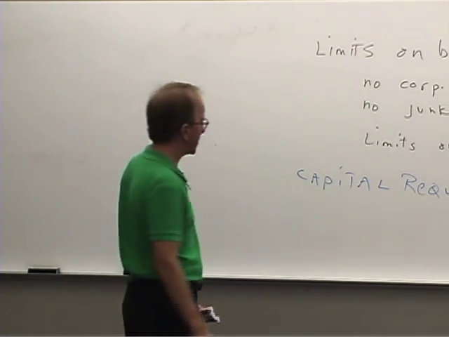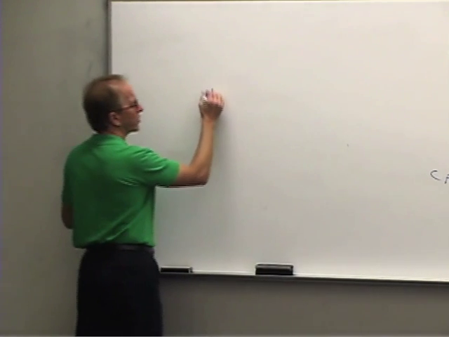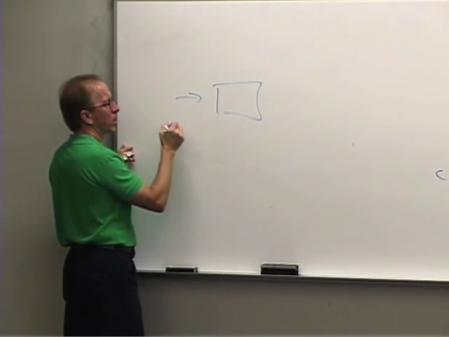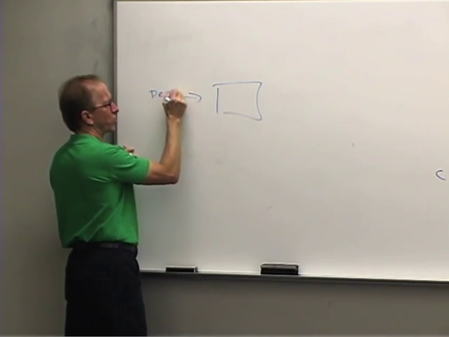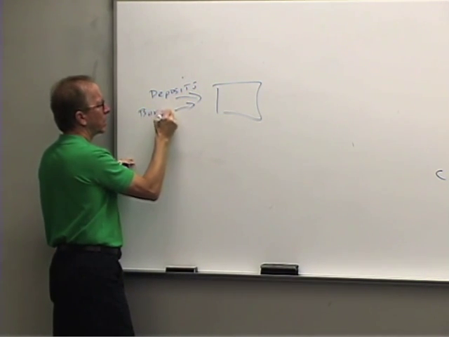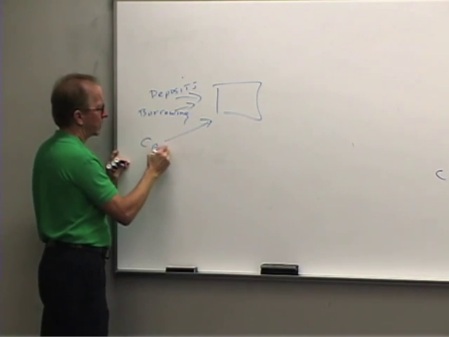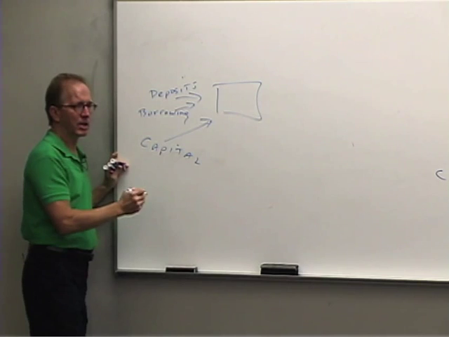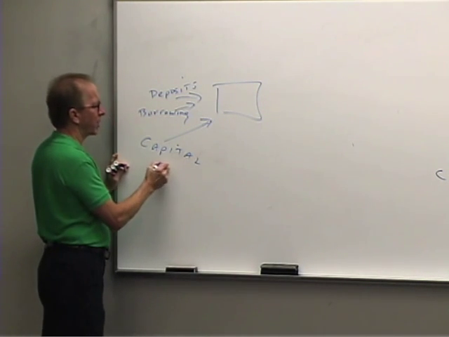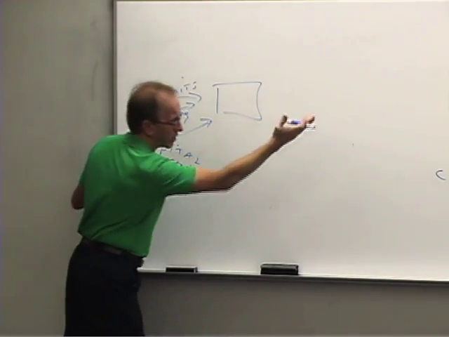Okay. Capital requirements. If you'll remember, what we had was the bank and the dollars coming in from deposits, sources of funds. And then a second source was borrowing. And then a third source was capital. And then I mentioned, where does this capital come from? Sale of stock. The sale of stock, not investing in stock.